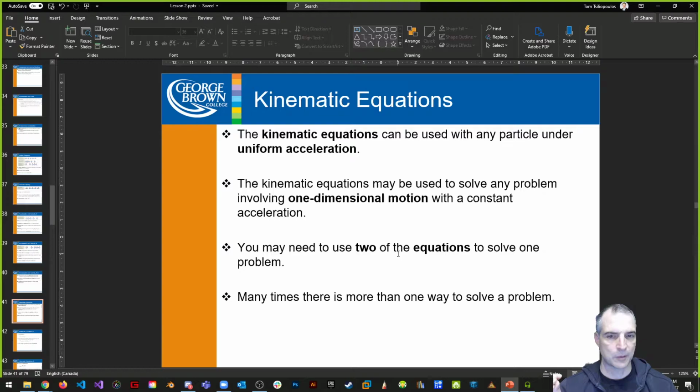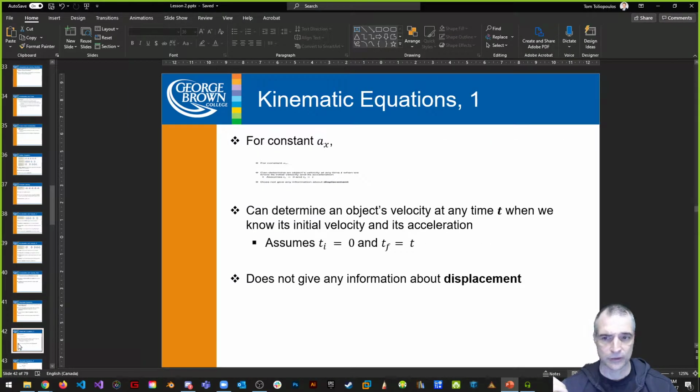Kinematic equations may be used to solve any problem in one-dimensional motion. Sometimes we need to use 2 equations and 2 unknowns, or a system of linear equations. For people who remember linear algebra, we can use a system of linear equations to solve our problems. Sometimes we need to do that.